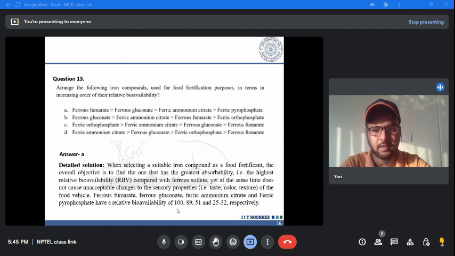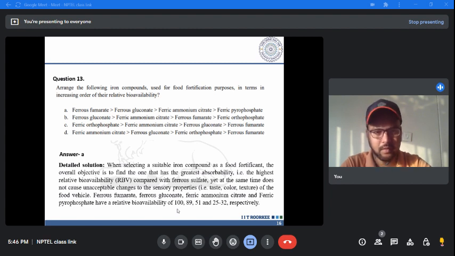Ferrous fumarate, ferrous gluconate, ferric ammonium citrate, and ferric pyrophosphate have relative bioavailabilities of 100, 89, 51, then 22 to 32 respectively.